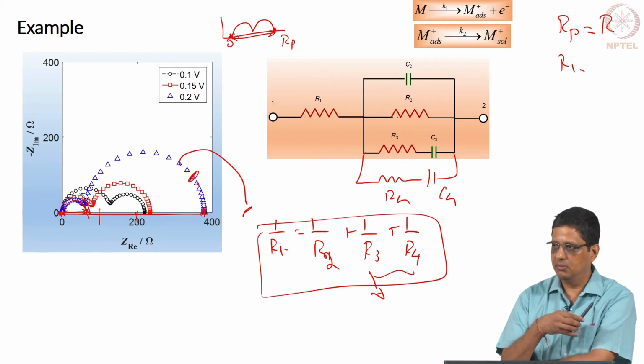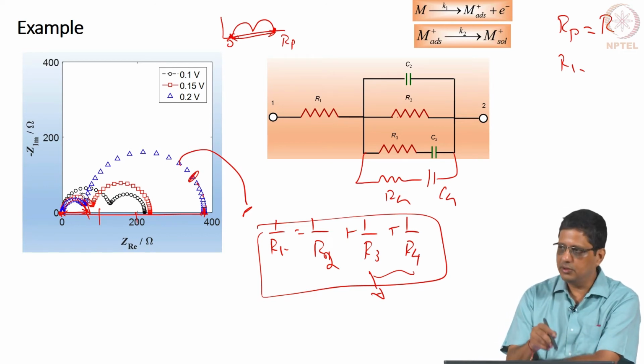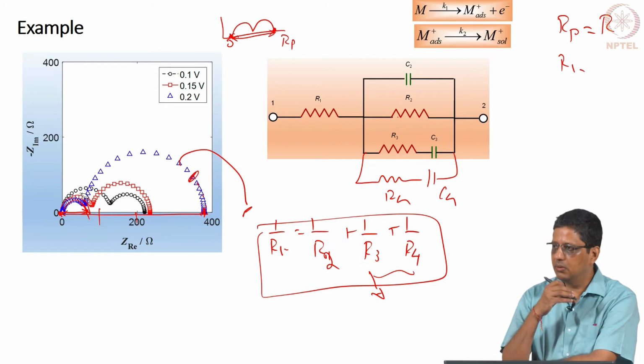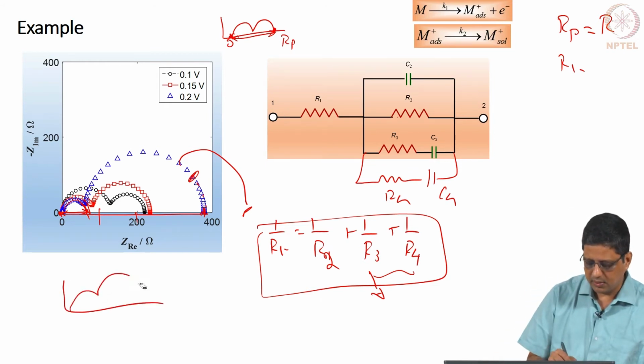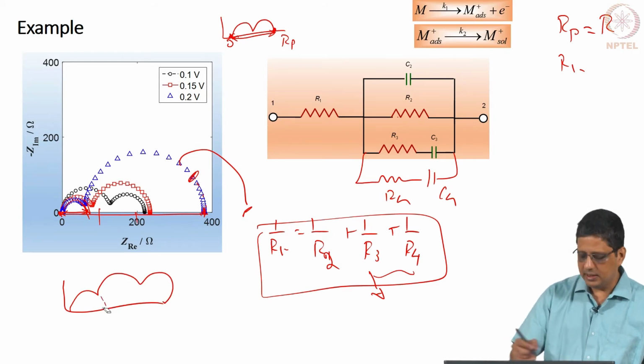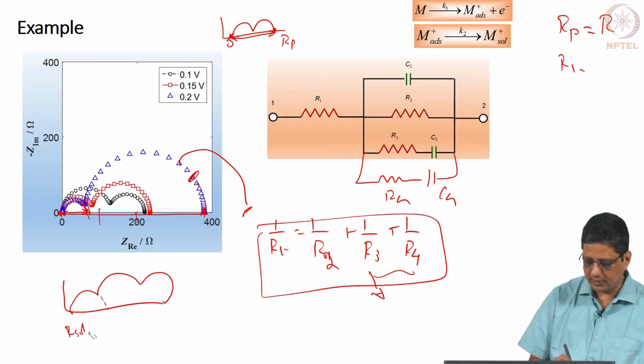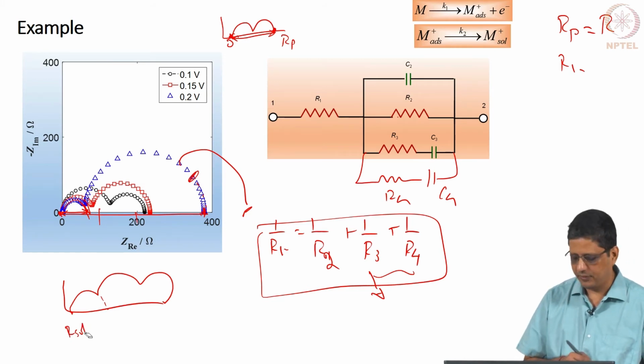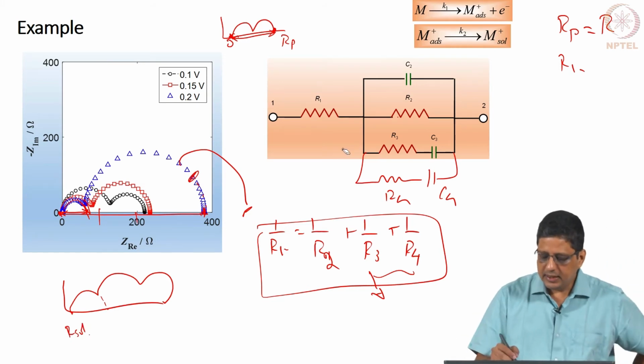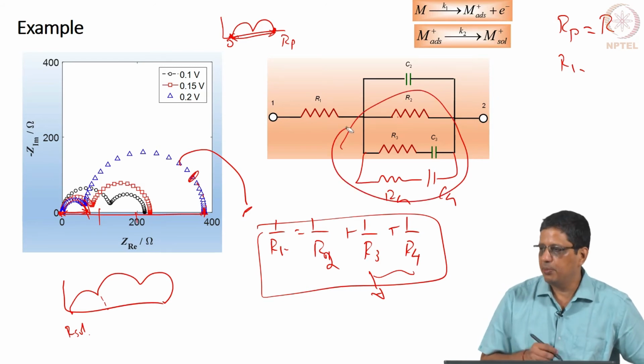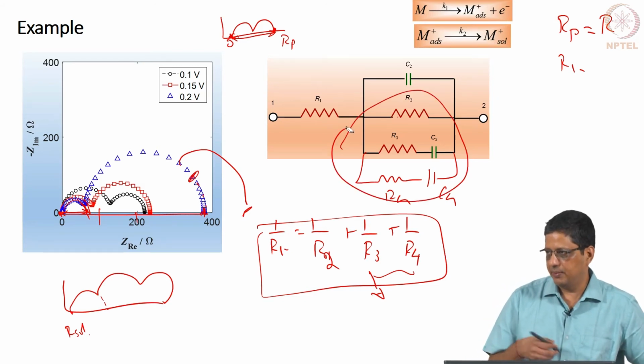So, how do we know there are multiple loops? How do we find RCT in multiple loops? Look at the location where this hits, because this is solution resistance, correct. This is representing the Faradaic process, meaning the reaction.